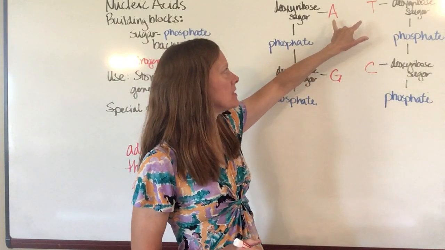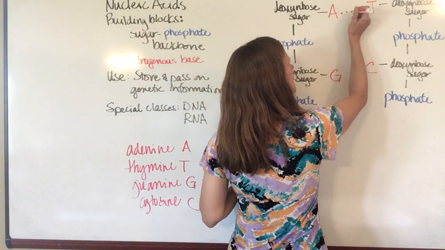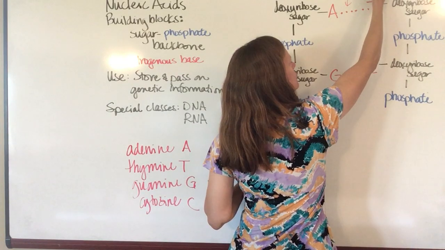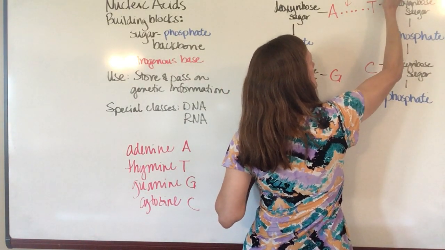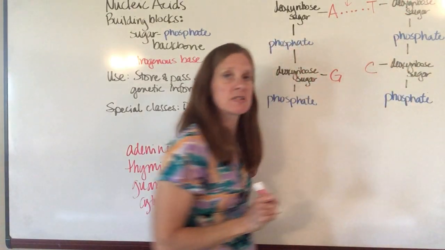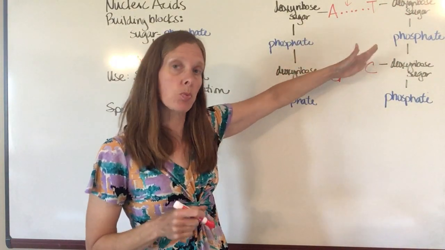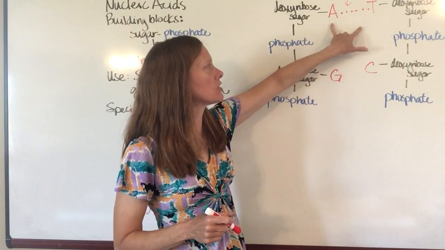And then this adenine and this thymine will hook together via a hydrogen bond. We talked about hydrogen bonds extensively when we talked about the characteristics of water. So it's the same type of bond that's in water molecules, but this time it's between your nitrogenous bases.